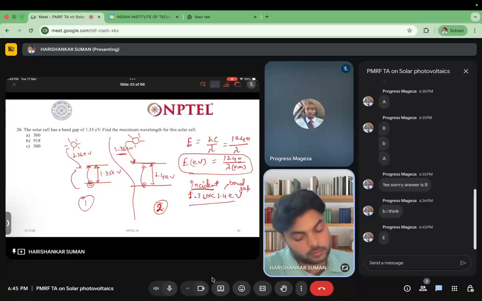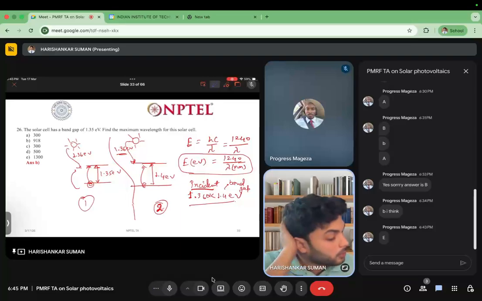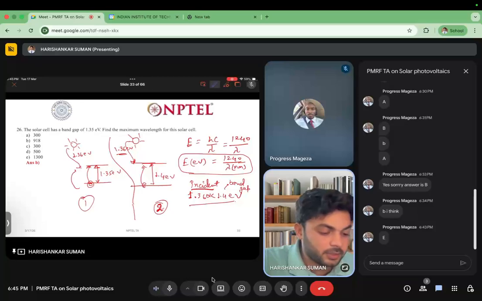You need at least the band gap energy to excite the electron from the valence band to the conduction band. So see the solution. Please find the value. Is answer B correct or not?